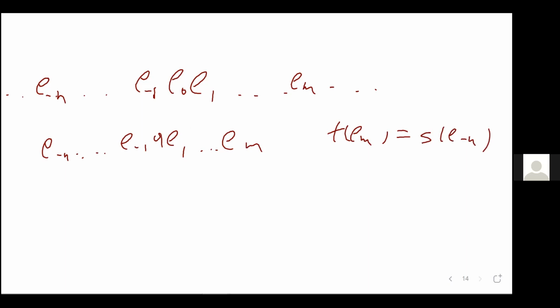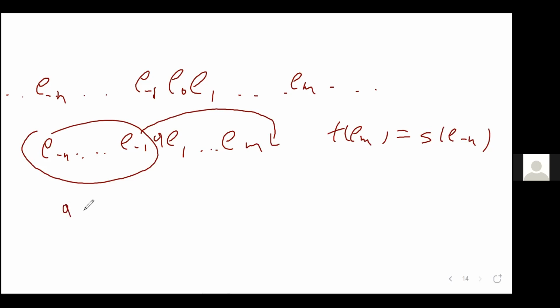But then because of a compatibility condition, of course, I can put it in here. So I can now write A, E1, EM. And remember, the end of EM is the beginning of E minus n. So I can write E minus n, dot, dot, dot, up to E minus 1. And guess what? Because this is a path, the end of E minus 1 is the same as the beginning of A. So it is a loop.